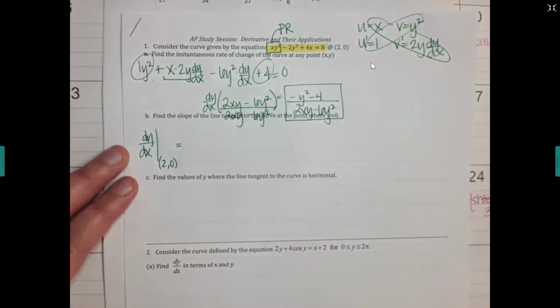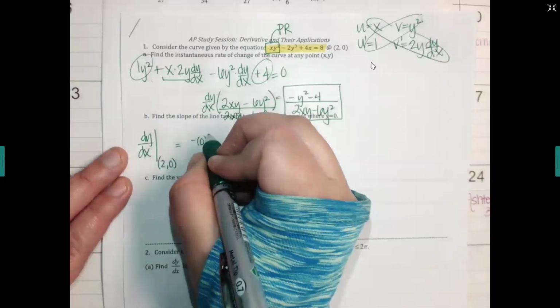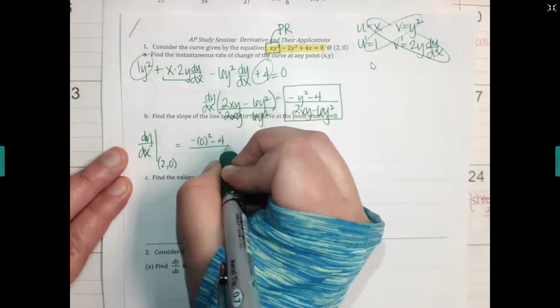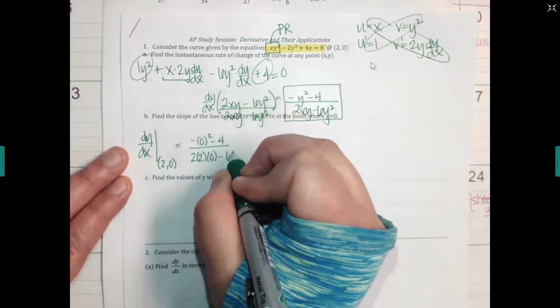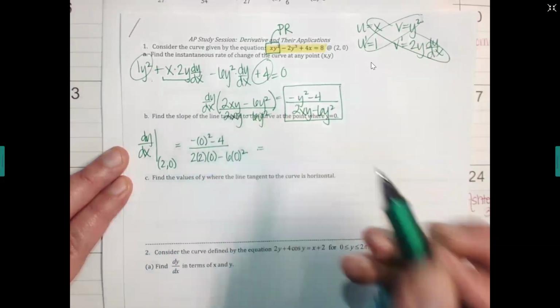Remember, especially if it's a free response, you want to label stuff as you go. Okay, we're plugging in. It'd be a negative 0 squared minus 4 over a 2xy minus 6y squared. Top of that's going to come out to a what?